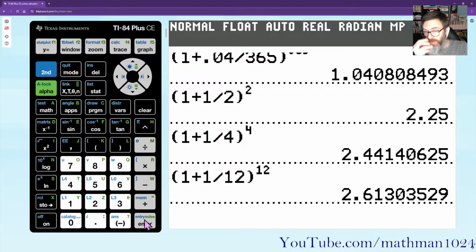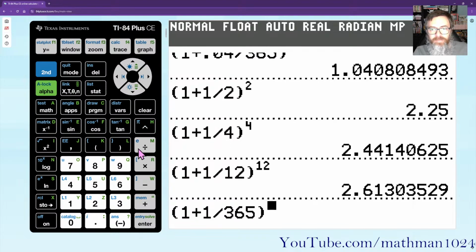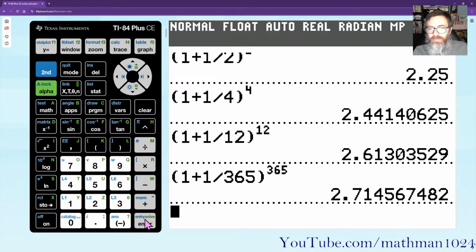An even bigger number. Is there no end to this? There is an end. The more times we do the compounding, the smaller that value is going to be on the inside, but then we're raising to a really large power. But again, we are just getting closer and closer.